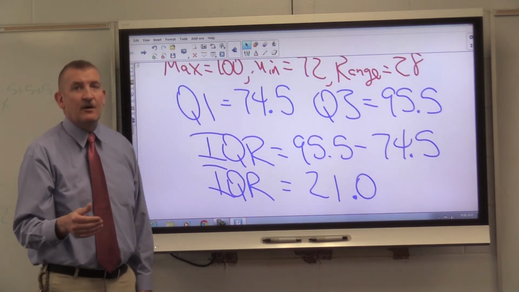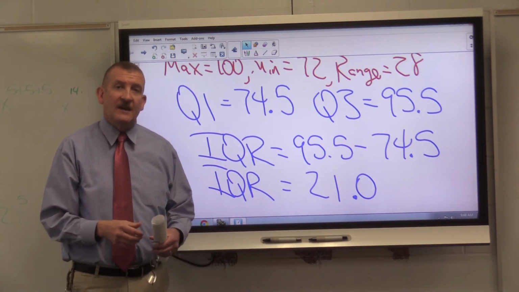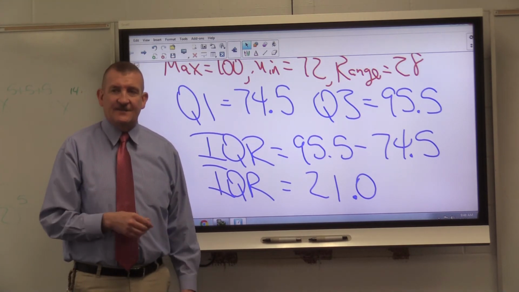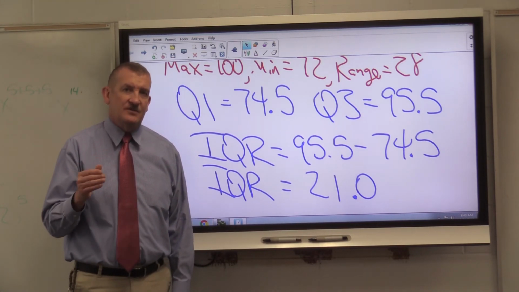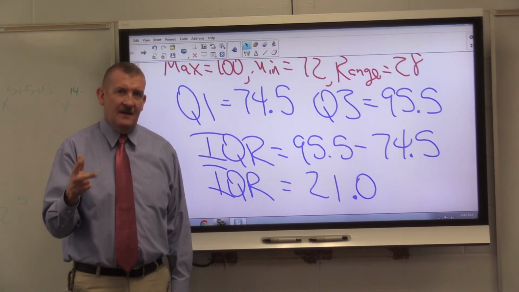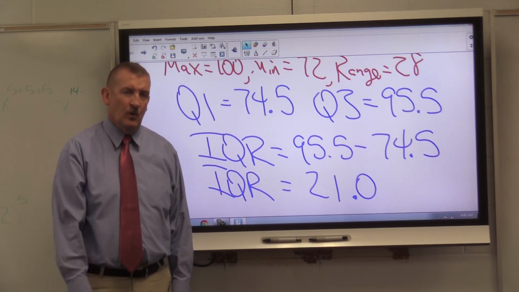This is going to be similar to the classwork that you're going to do next class period, where I'm going to give you data sets, and you're going to have to find these 6 values, i.e. measures of variation. The range, max minus the min. The interquartile range, which is Q3 minus Q1.